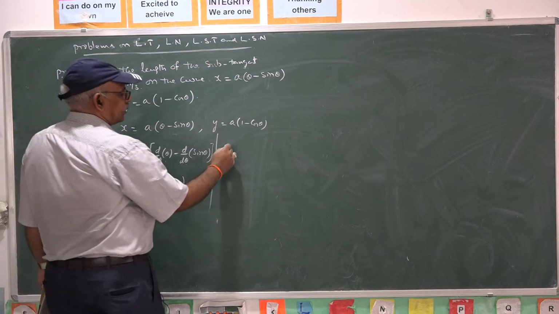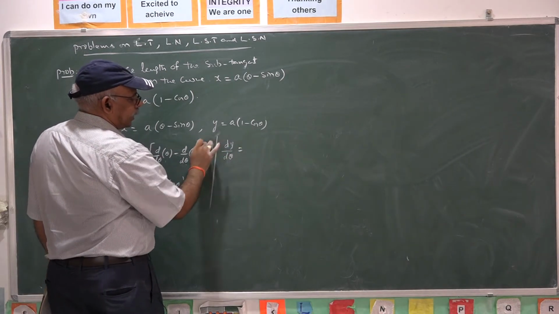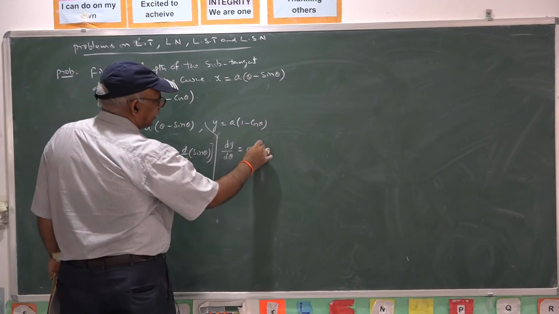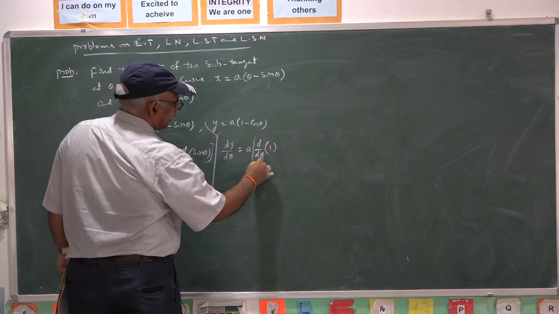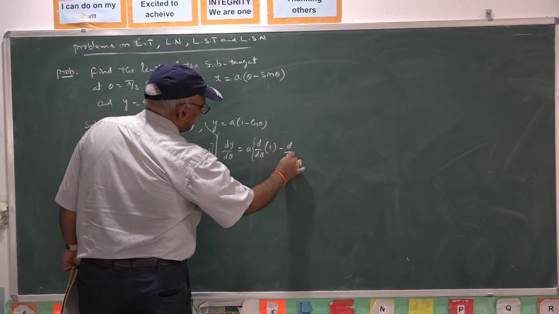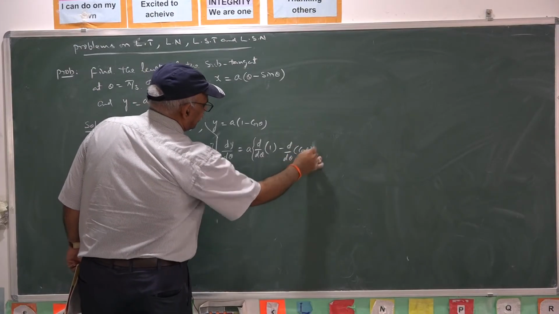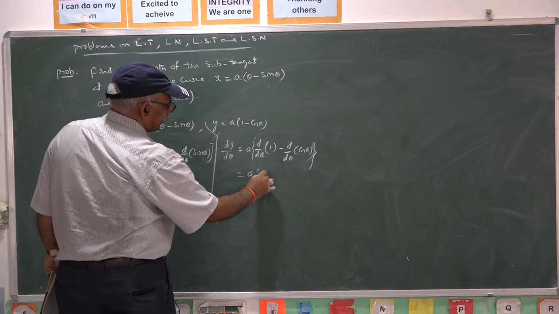Similarly, dy by d theta is a into d by d theta of 1 minus d by d theta of cos theta. For 1 it is 0, for cos theta it is minus sin theta, hence we get a sin theta.